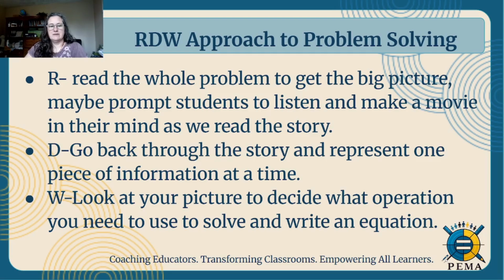Again, we're going to be using the read, draw, write, or RDW approach for problem solving. We're going to read the whole problem to get the big picture. We'll go back through the story and represent one piece of information at a time in our drawing, and then we'll finally look at our picture, decide how to solve, and write an equation to represent the story.